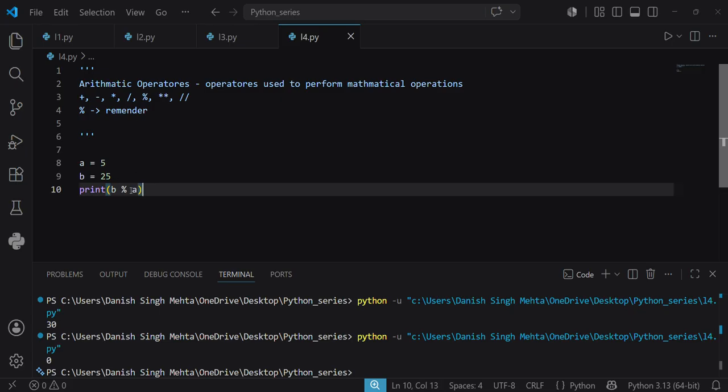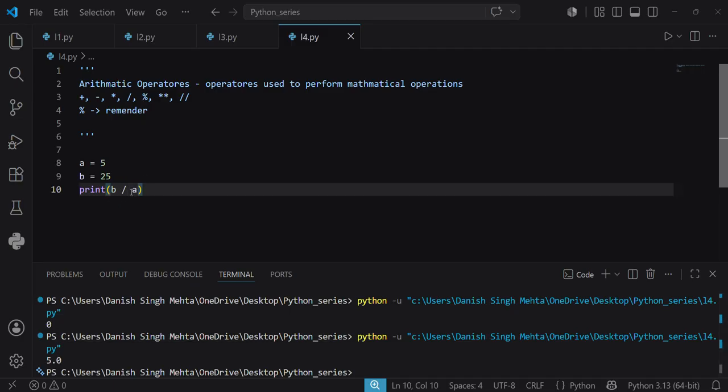And for the quotient, we use division. The quotient will be 5.0. This is a property of division: if we use integers on both sides of the division symbol, it always gives us a floating value.